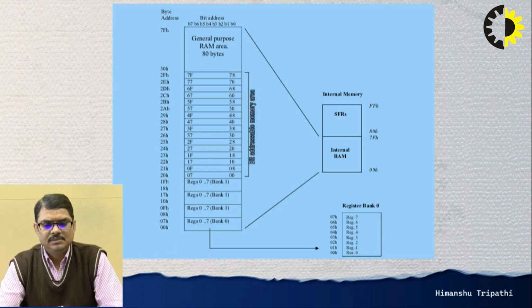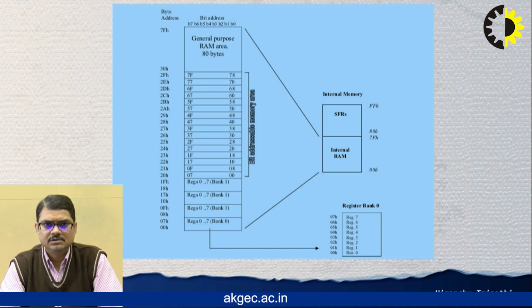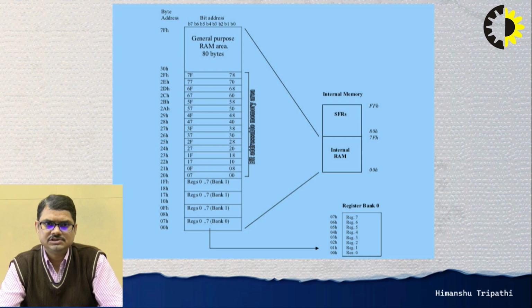This memory is arranged into different levels. The initial starting point of this memory is the register banks. In the 8051 microcontroller, we have 4 register banks.